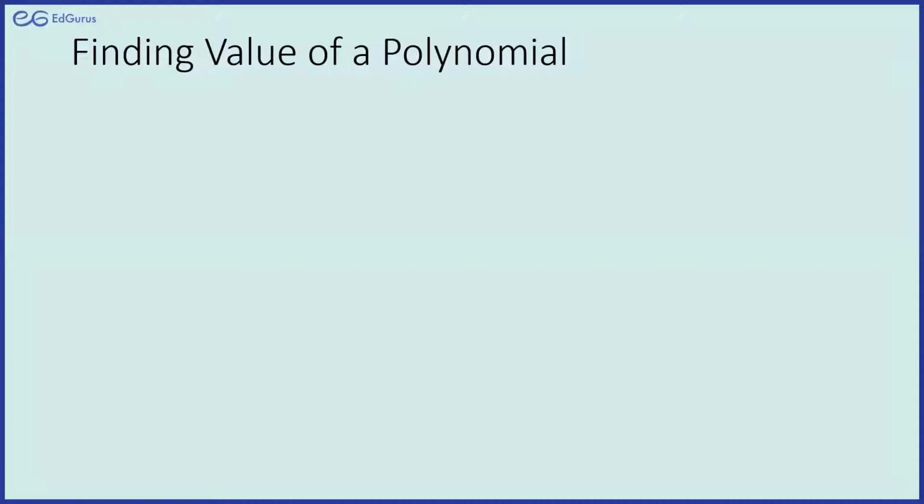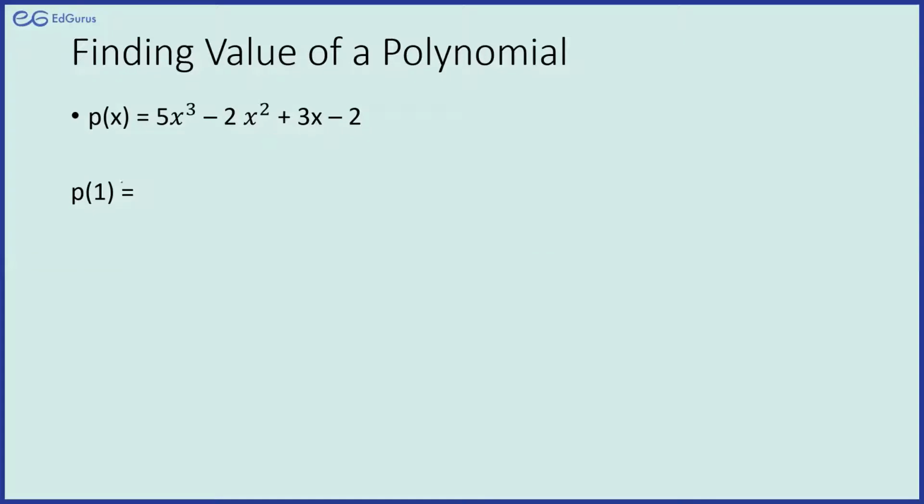So first we are going to learn how to find the value of a polynomial. Polynomials we studied last time. We are studying polynomials of one variable. So this has only one variable, x, right? But because it has a variable, we can assign some value to the variable, and we want to figure out what will be the value of this polynomial when x takes a certain value.